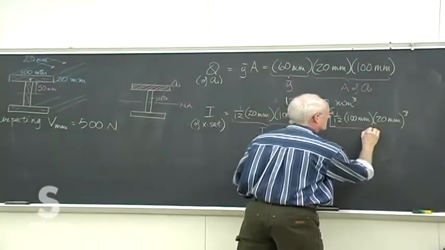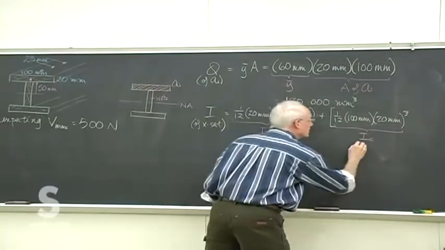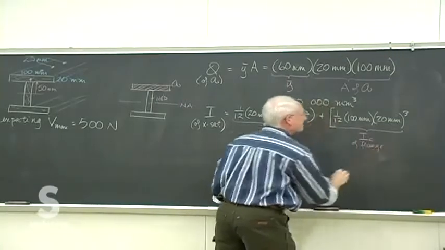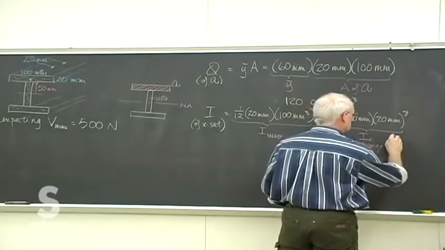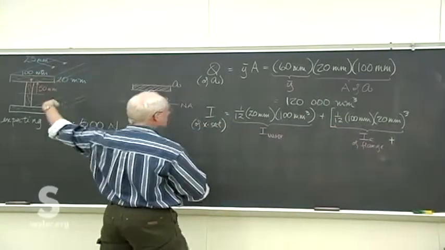That's the centroidal moment of inertia of the flange. Plus AD squared, which is 20 by 100.